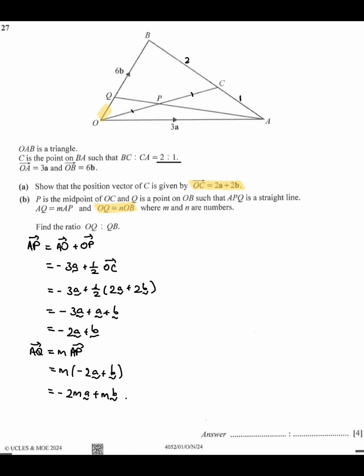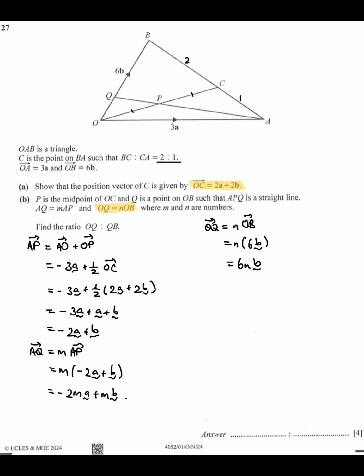OQ is the line here, and OB is the line here. While we do not have the vector OQ, we have the vector OB, which is 6B. Hence, OQ can be written as n times OB, which is n times 6B. We get the vector OQ as 6nB.